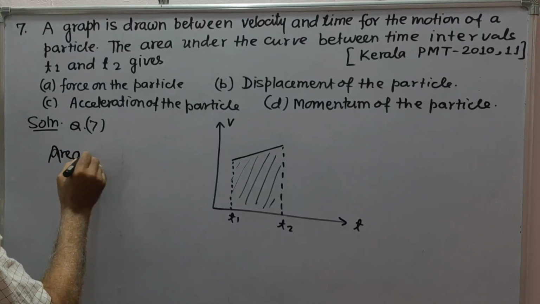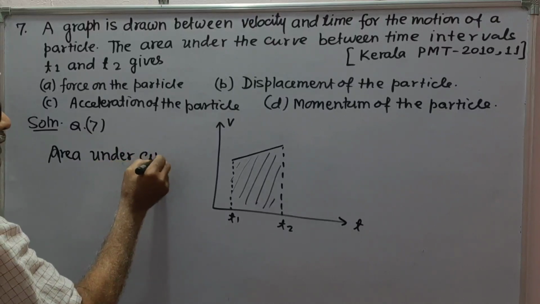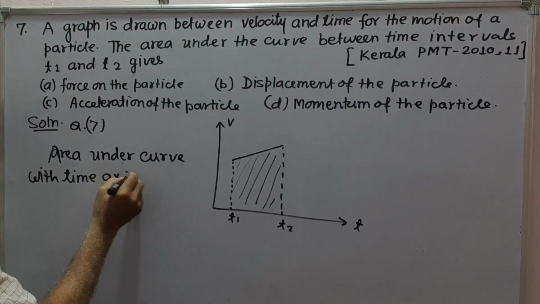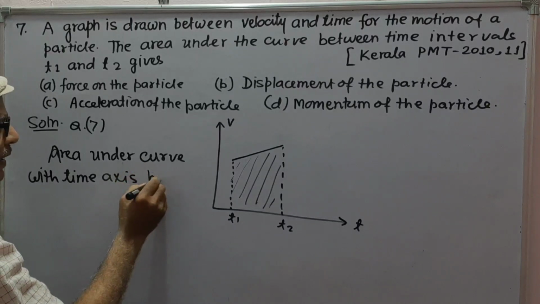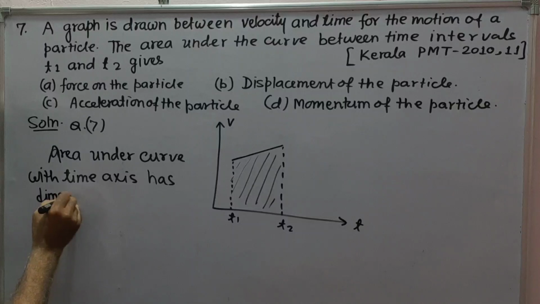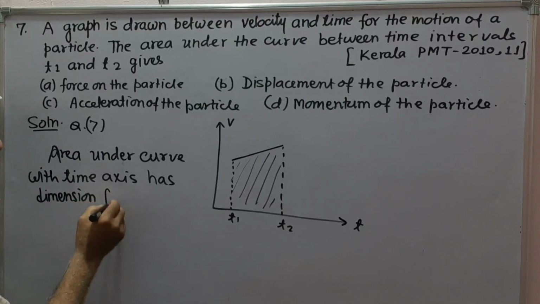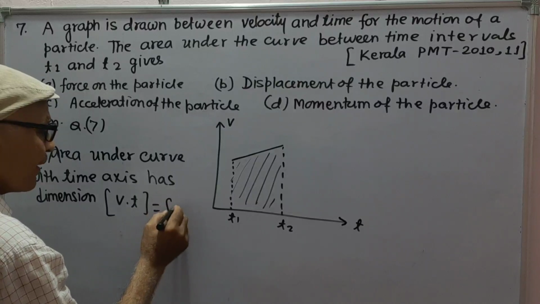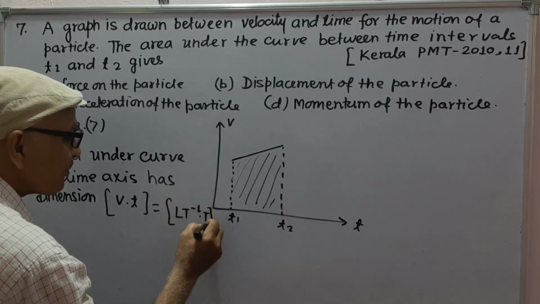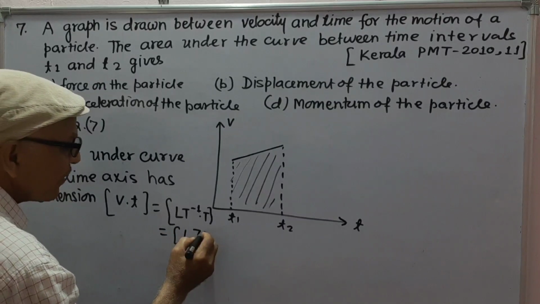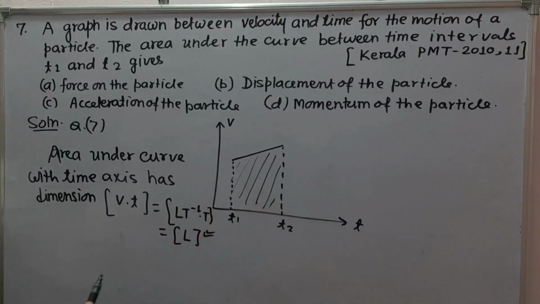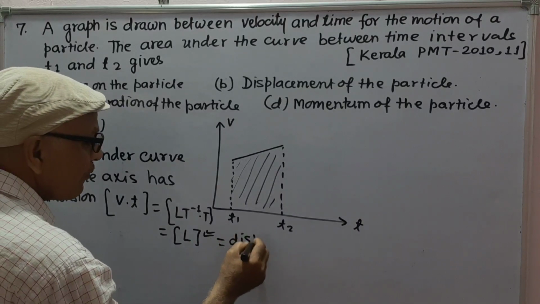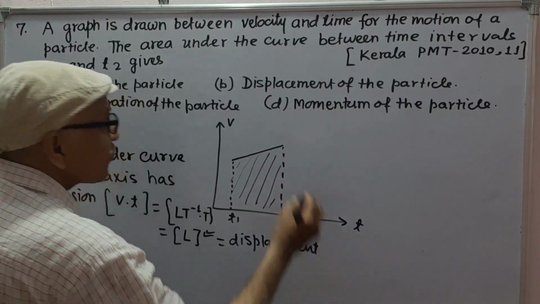Area under curve with time axis has dimension velocity into time, that is LT minus 1 into T, that is L. So this area will give the displacement of the particle. So the correct option will be B.